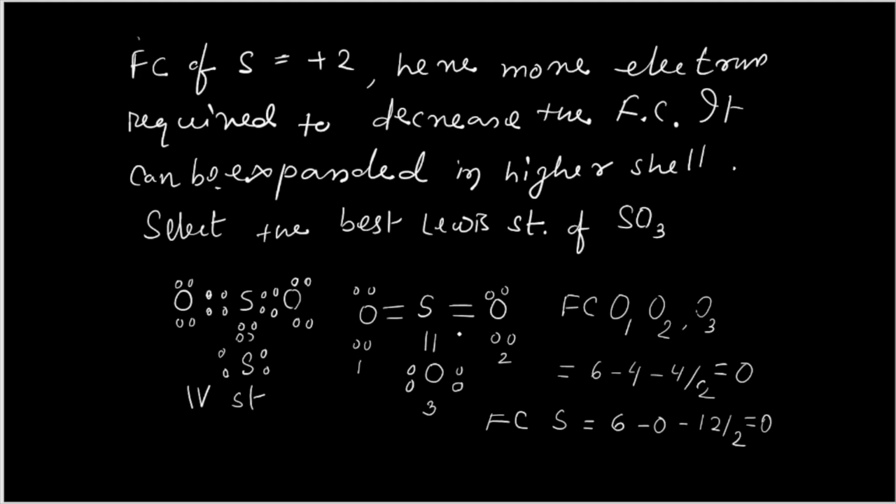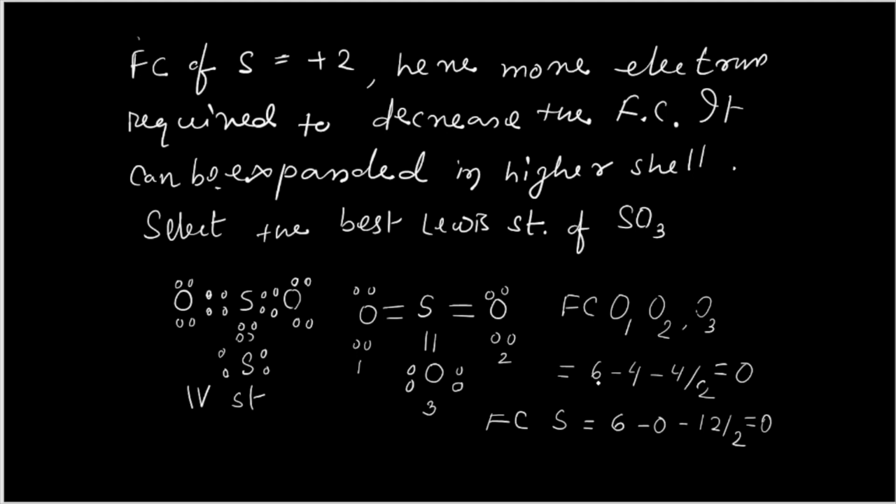Again see, there are 3 oxygens, and everywhere there is a pair of bonds, that is how many electrons? 4 bonding electrons, and how many non-bonding? There are 4 non-bonding electrons in oxygen. So I hope you can easily calculate FC of oxygen 1, oxygen 2 and oxygen 3, all having the same formula.